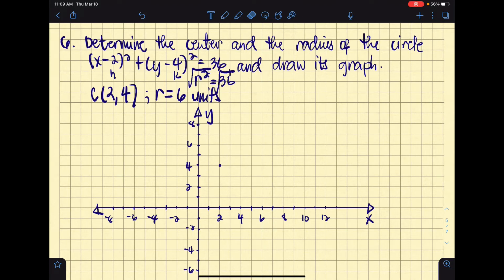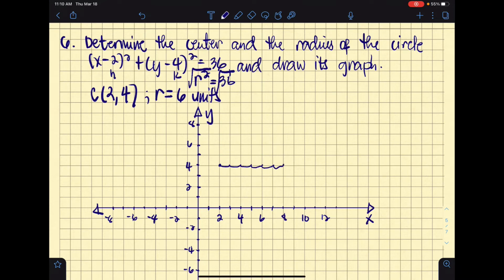Kahit saan yung 6 units na yan, kahit saan direction. But to be sure, let us make use of the horizontal grids for our radius. So, our radius is 6 units. So, it's 1, 2, 3, 4, 5, 6.